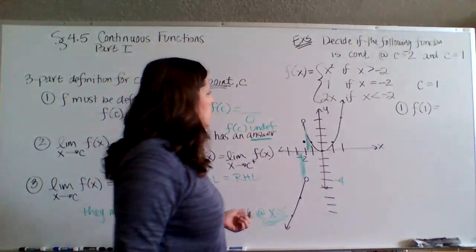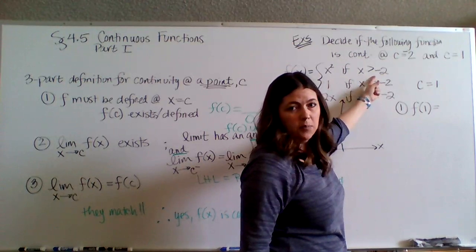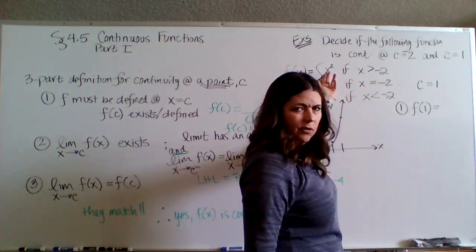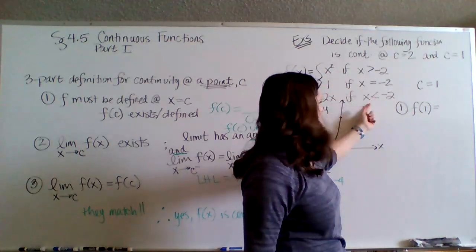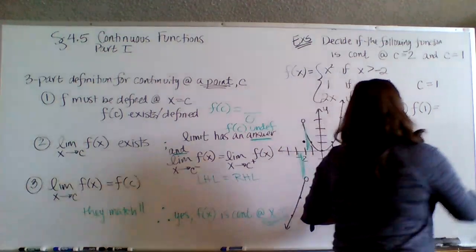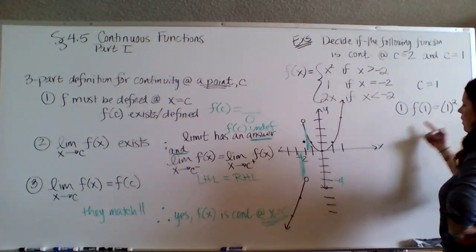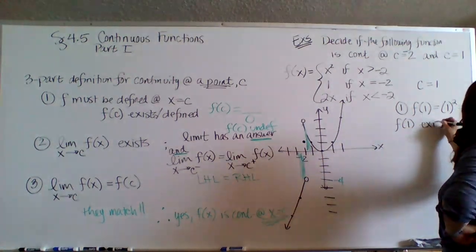Well, 1 would be greater than -2. So it would meet the top piece of the piecewise function's domain, and we'd only plug it in here, right? You can't plug it in to the pieces that it doesn't satisfy. It's not equal to -2, and it's not less than -2. It's only going to be plugged into here. And 1 squared will give us 1. So that means when I plug in 1, I get out 1, which does match on my graph. So yes, f of 1 exists.